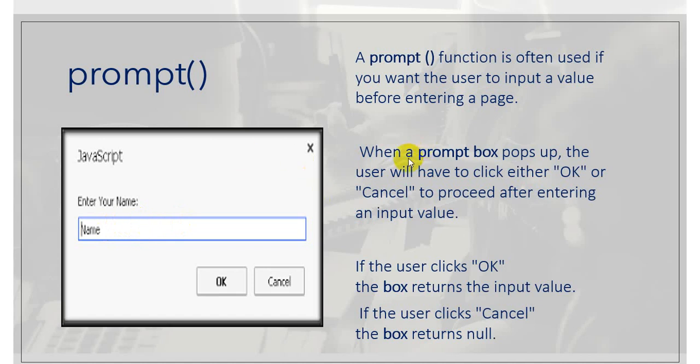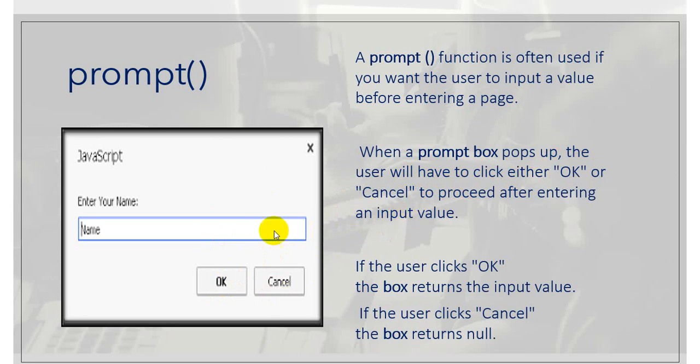Now moving on to what happens when a prompt box pops up. When you use the prompt function, this box appears on your screen. When this box comes on your screen, the user will have to click. The user has two choices: click OK or click Cancel.